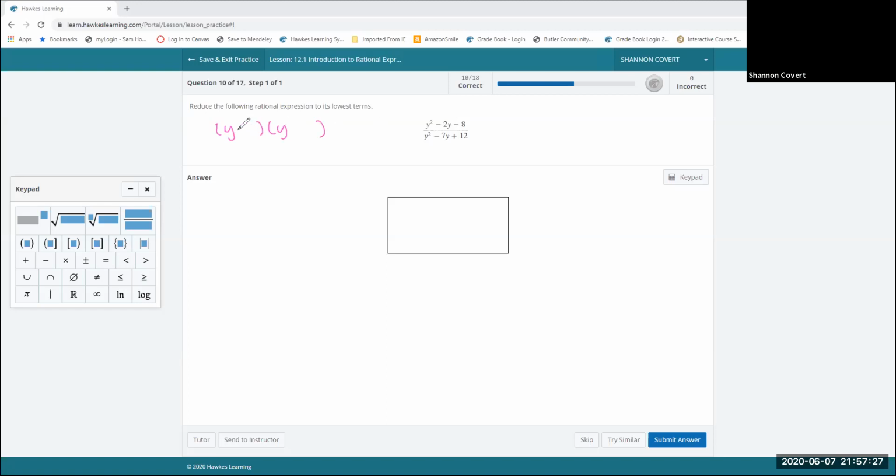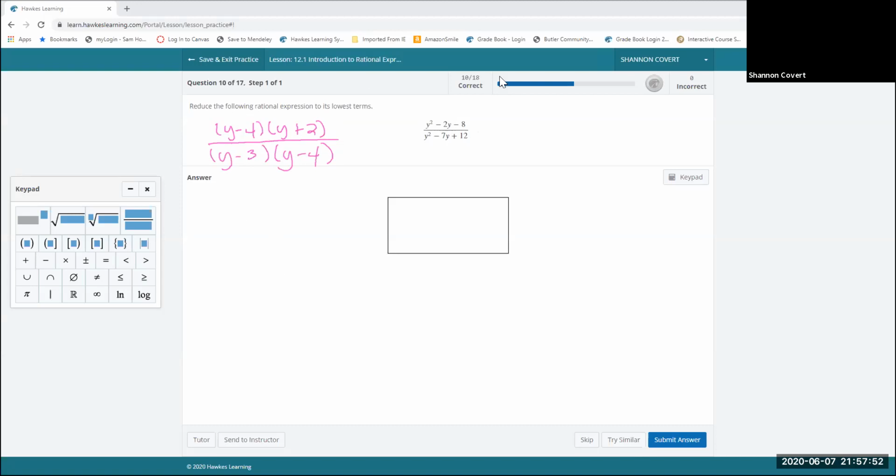So that's going to be negative 4 and positive 2. That's my numerator. In my denominator, I have y squared minus 7y plus 12. So I'm looking for two factors of 12 that when I add them together give me negative 7. So that's going to be negative 3 and negative 4.